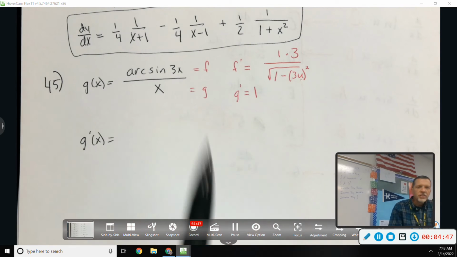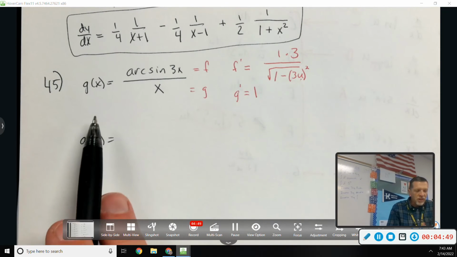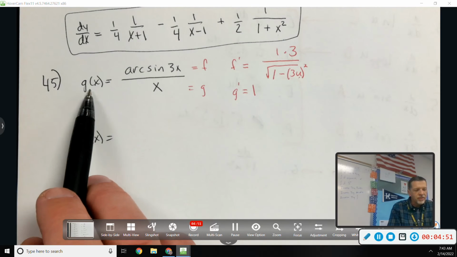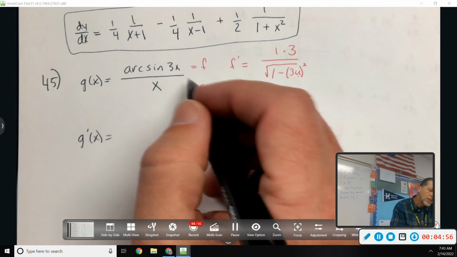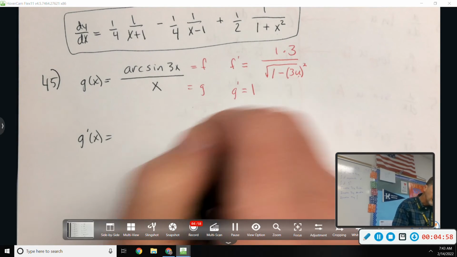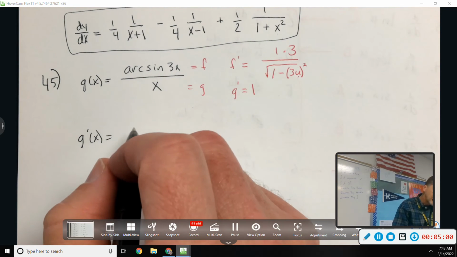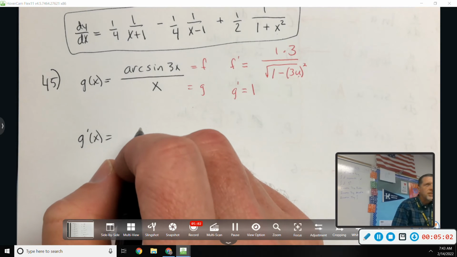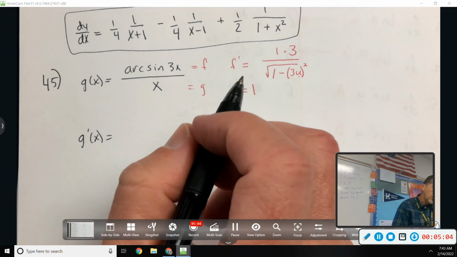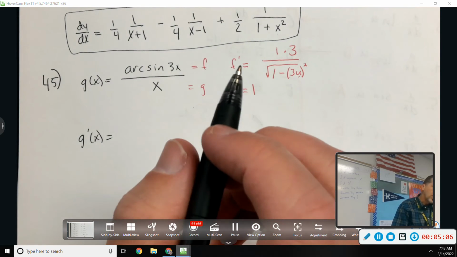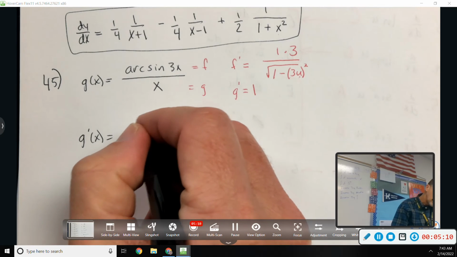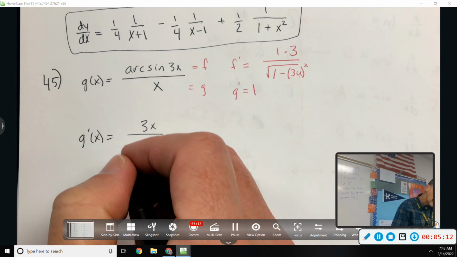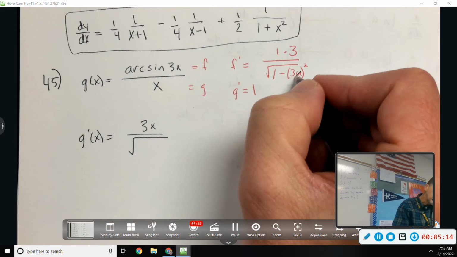Oh, this is a little bit, I don't think you have a problem following, but this is a little bit weird because g of x is the overall function, and then I used f and g, but as long as you can keep it straight while we're going. Let's see, quotient rule. g f prime minus f g prime all over g squared. So g f prime, whoops, that should be 1 minus 3x squared.